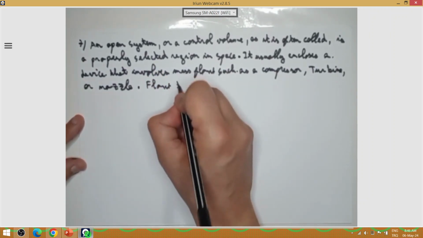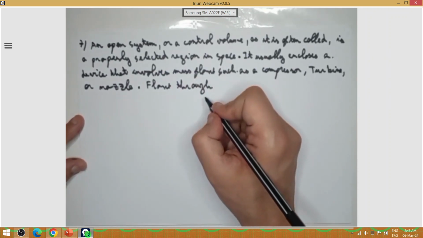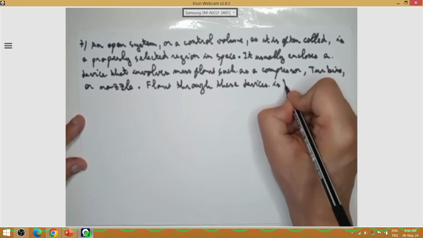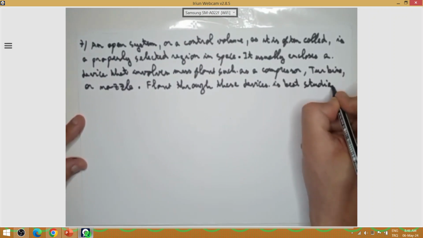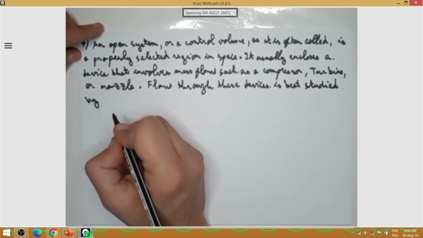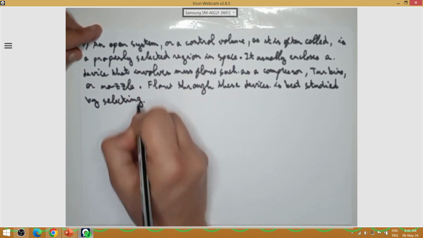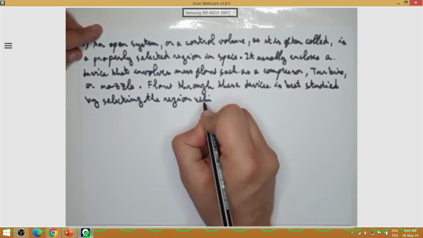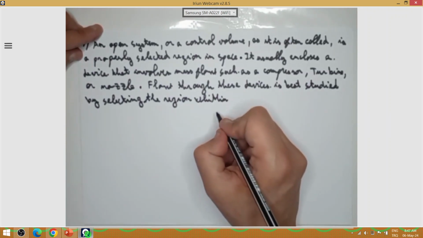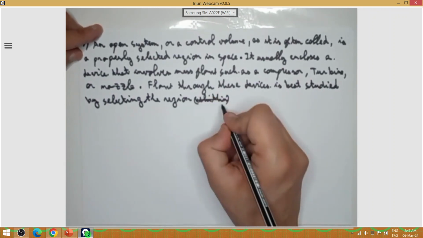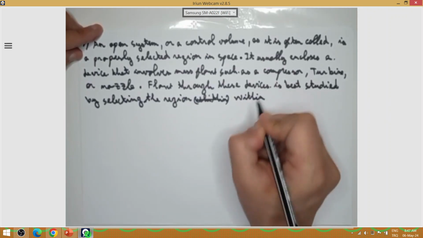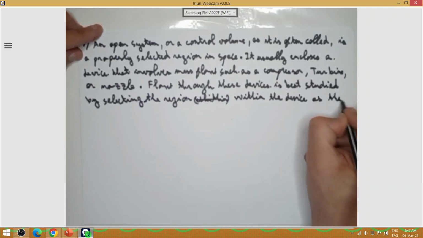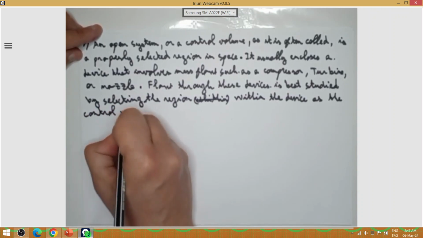Flow through these devices is best studied by selecting the region within the device as the control volume.